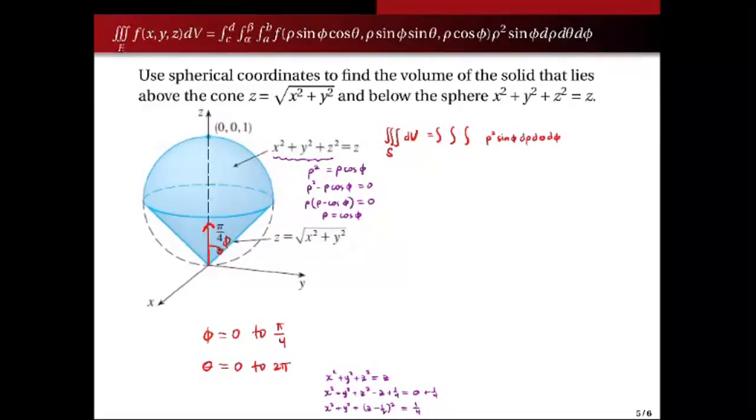As I have said, your rho will run from 0 up to cosine phi, and then your theta will run from 0 to 2 pi, and your phi will run from 0 to pi over 4.